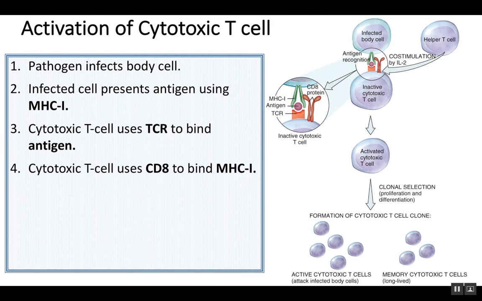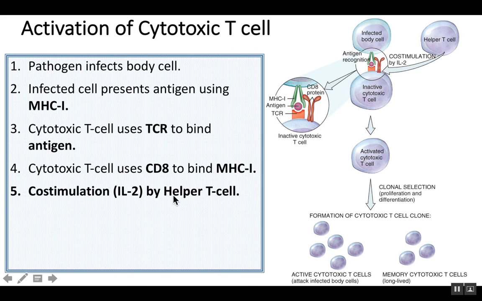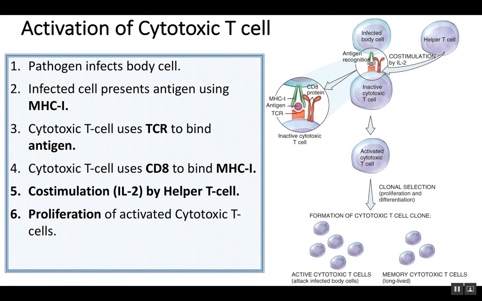It just so happens it also needs to be helped. It needs to be co-stimulated by helper T cells that secrete interleukin 2. So there's that helper helping by releasing interleukin 2. Once all this happens, the cytotoxic T cell proliferates into many cytotoxic T cells.